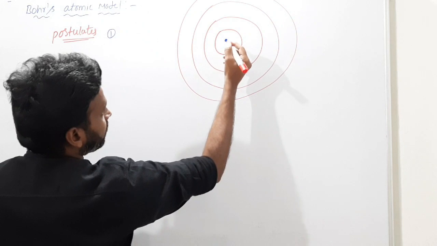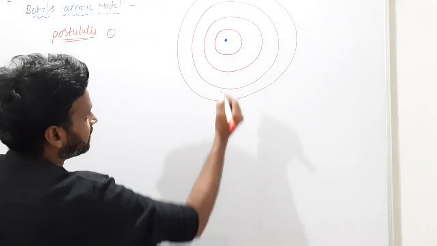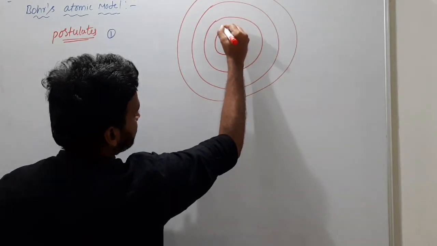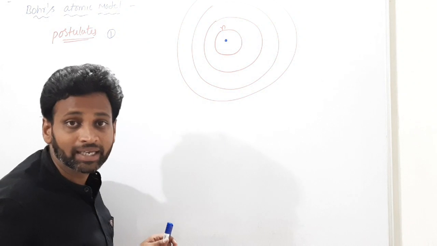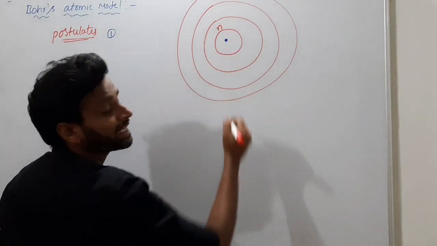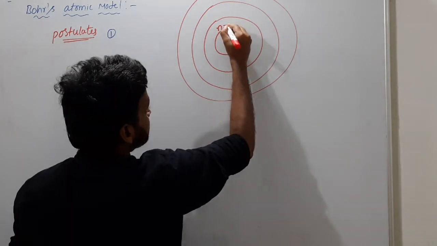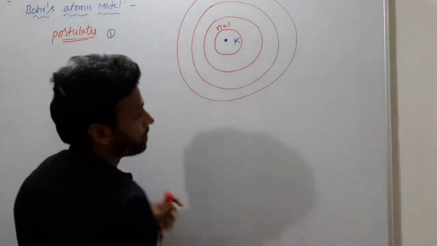Around the nucleus these are the circular paths, and they are denoted with a particular letter, small n. Small n is called the principal quantum number, which shows the orbit number. If the orbit number is 1, the shell is called K shell.